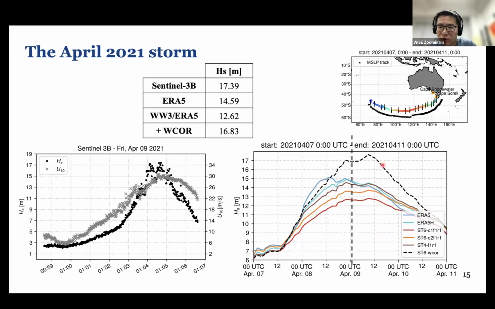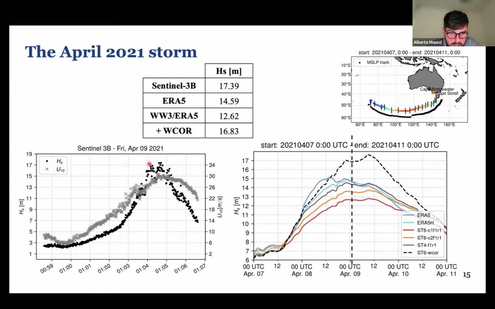If this is a central tropic cyclone, the only thing we could do is to see if we have any matches with the altimeter. Here maybe it's not that clear, but on the left side is the Sentinel-3B, and you see it's Friday, April 9 at 1 a.m. UTC, and so it corresponds to the area where I put this vertical dashed line.